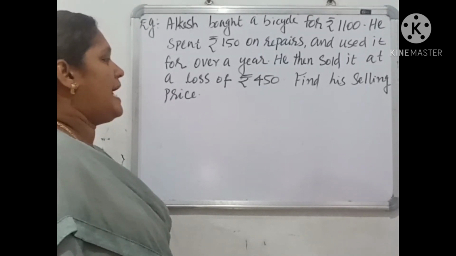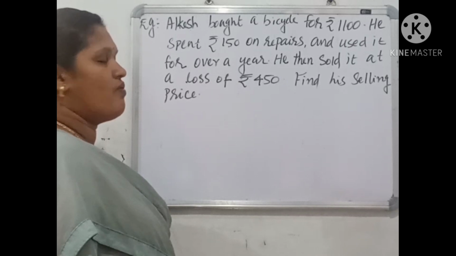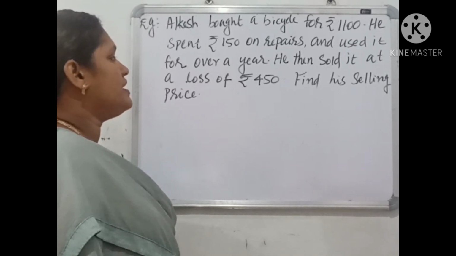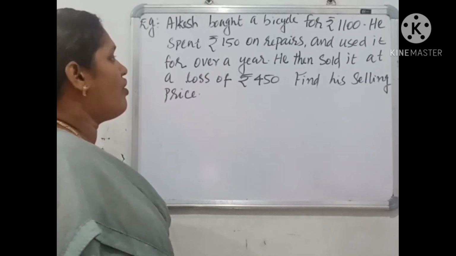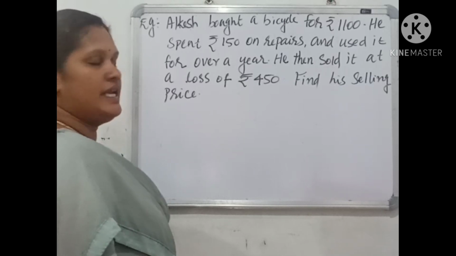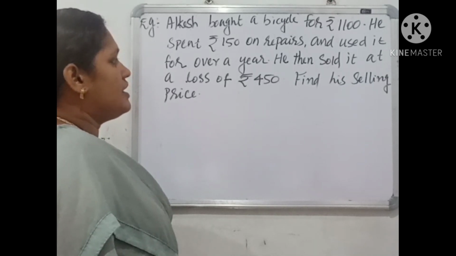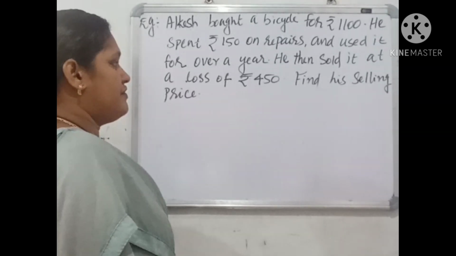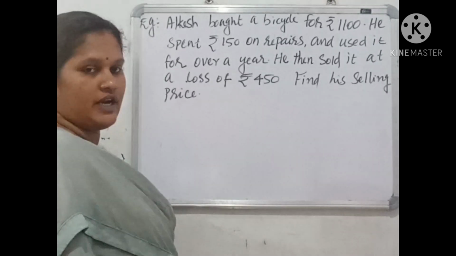Alkesh bought a bicycle for rupees 1100. He spent rupees 150 on repairs and used it for over a year. He then sold it at a loss of rupees 450.